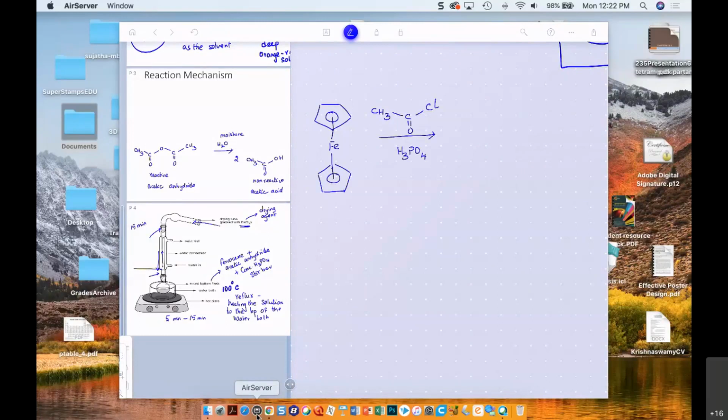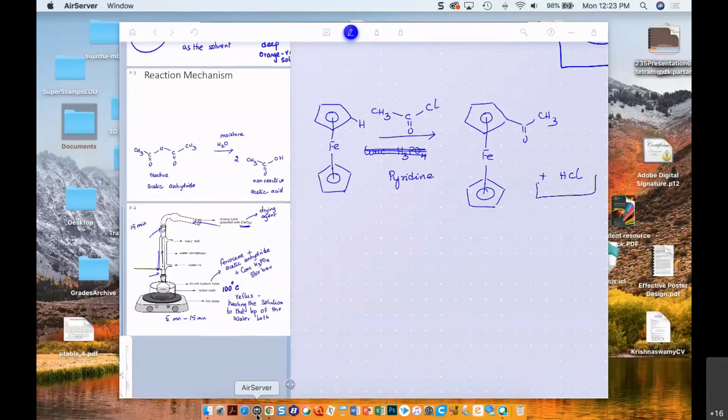You can keep that part of the greenness intact, and then you will get the acetylferrocene. Your side product, of course, you're replacing a hydrogen that will combine with Cl, becoming HCl, the side product. A lot of times, what is used is pyridine. Instead of actually using a catalyst, pyridine is used, and pyridine can combine with HCl and remove it. So this kind of equation might just strengthen the answer a little bit more.